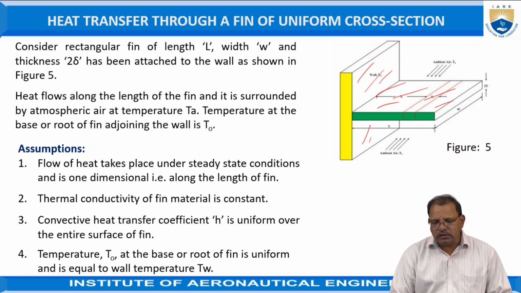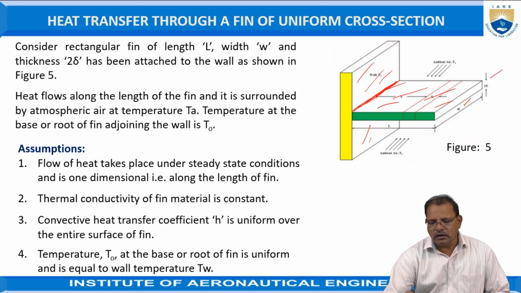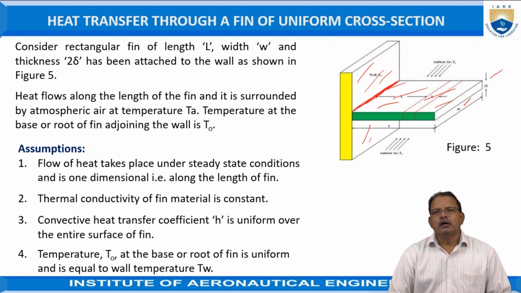Let L be the length of the fin, which is kept perpendicular to the surface from which heat should be extracted, the width of the fin is W, and the thickness is 2α. Let T0 be the temperature of the hot body, which is also equal to the temperature at the junction of the fin and the vertical wall. TA is the temperature of the surrounding air, that is, the atmospheric air.